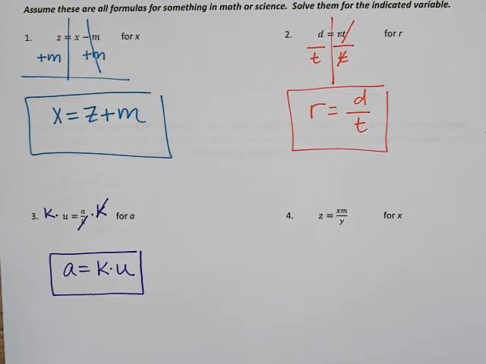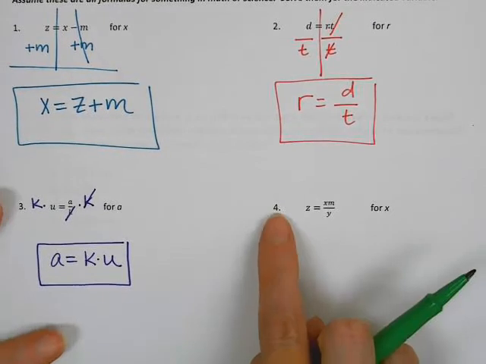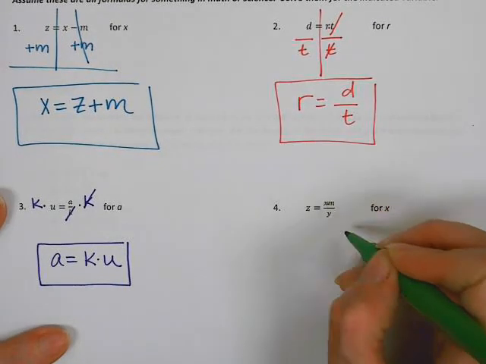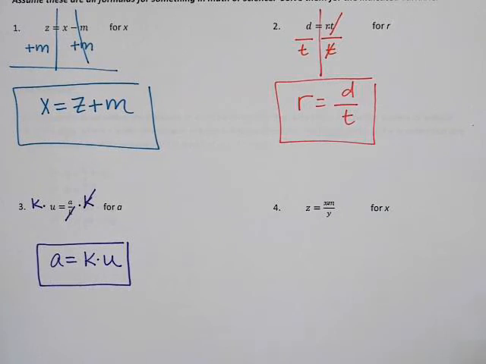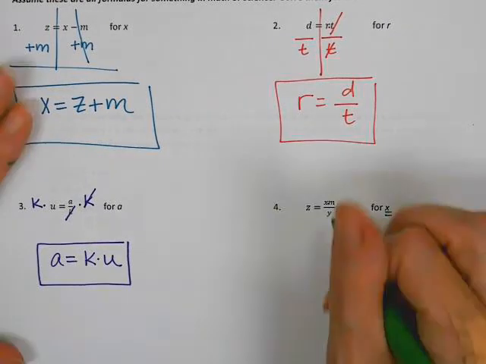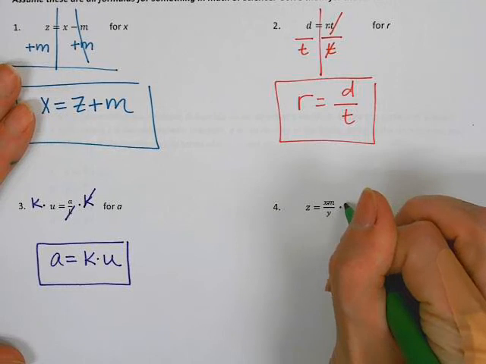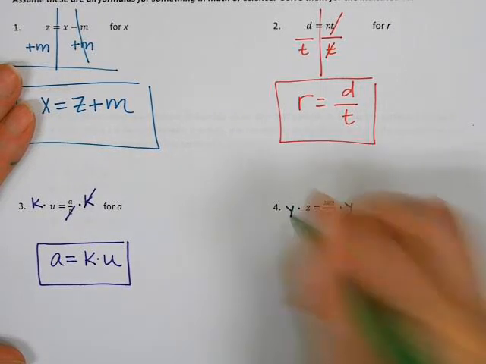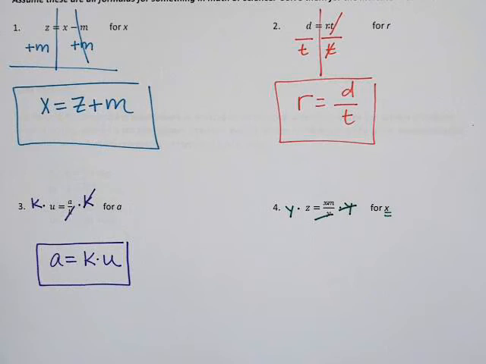All right, number 4. Let's say the formula is Z equals X times M divided by Y, and we want X. So what would you do on this one? All right, let's see. So to undo dividing by Y, we can start by multiplying by Y, because then those will cancel.